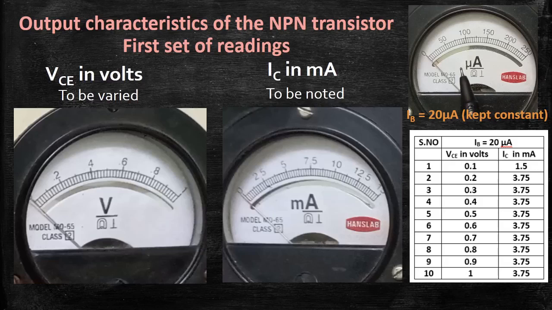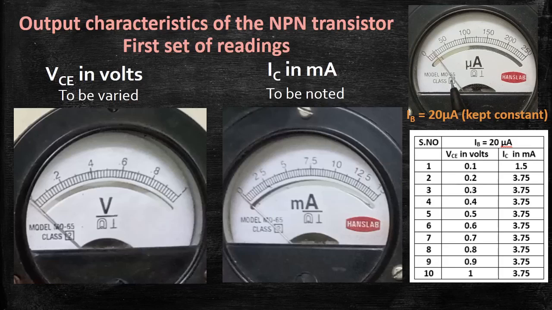The IB value. This is the microammeter in which IB can be read, and the IB value should be kept constant. Are you clear? Now, by adjusting the knob, first I am going to keep the value of IB at 20 microampere. Look at that. I am slowly varying the IB value.